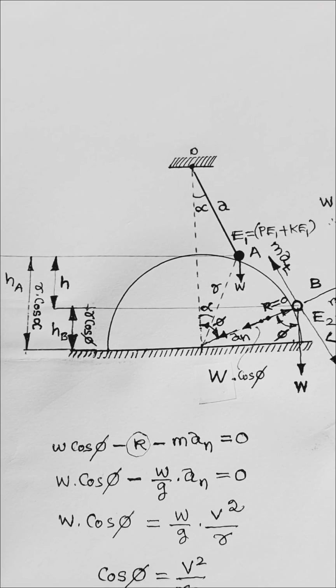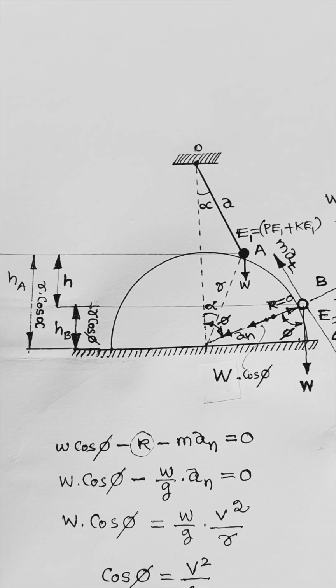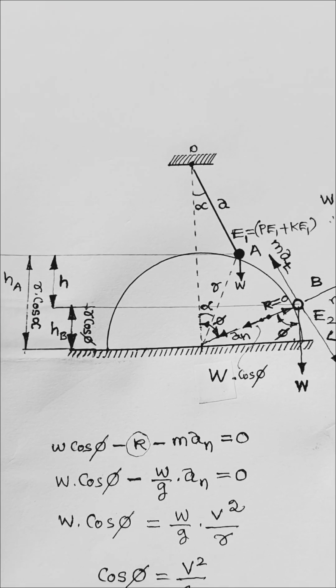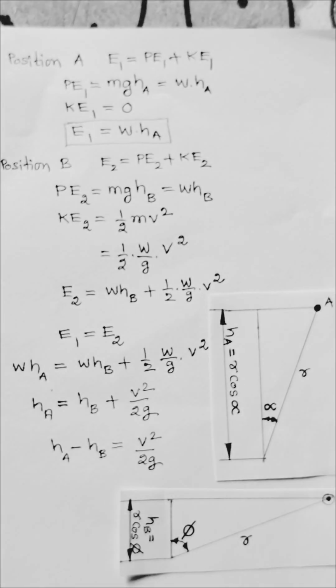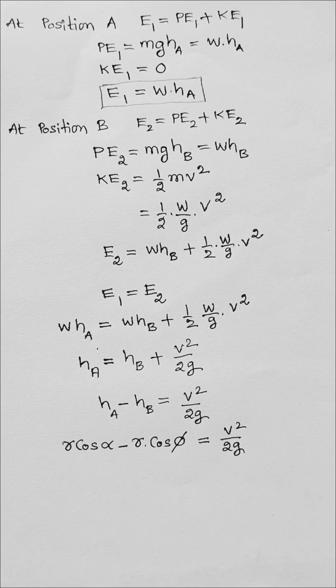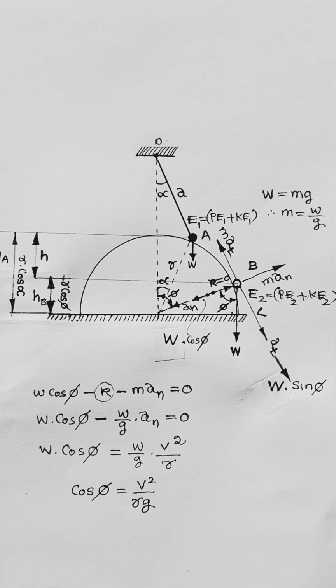On substituting HA value and HB value from the free body diagram, we can get the final equation R cos alpha minus R cos pi equal to V square by 2G. By using dynamic equilibrium, we have estimated cos pi as V square by Rg.